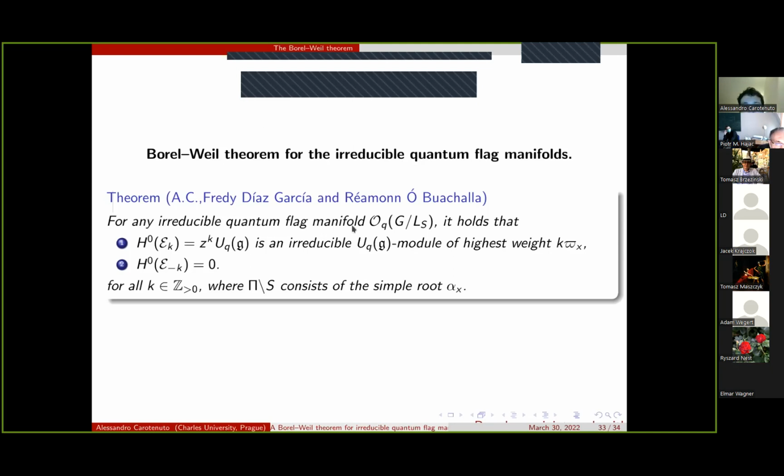For any irreducible quantum flag manifold, we see that the holomorphic sections over the line bundle give an irreducible U_q(g) module of highest weight Kϖ_x, where ϖ_x corresponds to the representation given by the simple root α_x that was the one crossed out to define the irreducible quantum flag manifold. We have given a geometric construction of all these guys, and we're happy with it.